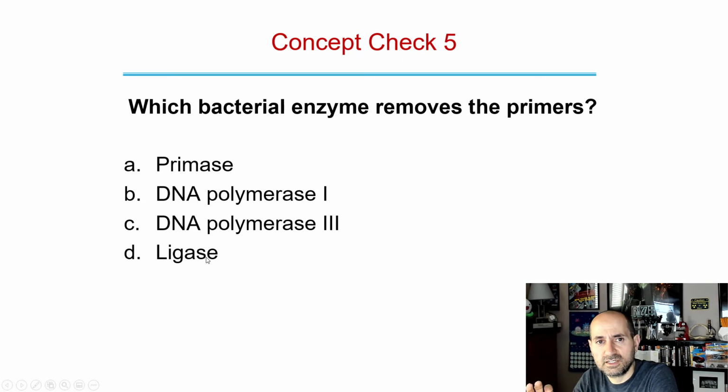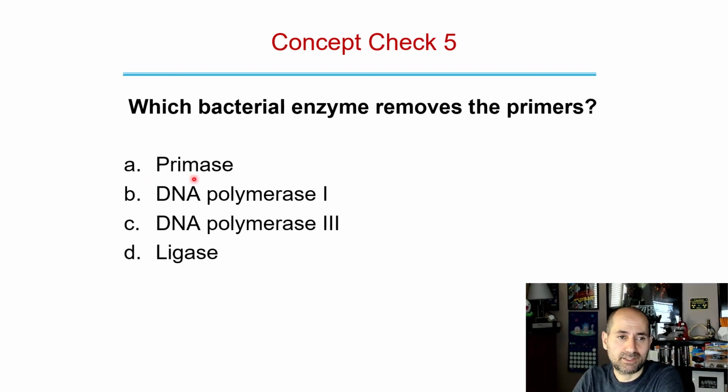And that leads us to concept check number 5: which bacterial enzyme removes the primers? Remember that? Which one's job is to remove the primer? Let's go through. Is it primase? No, primase's job is to put down the primers. Is it DNA polymerase I?